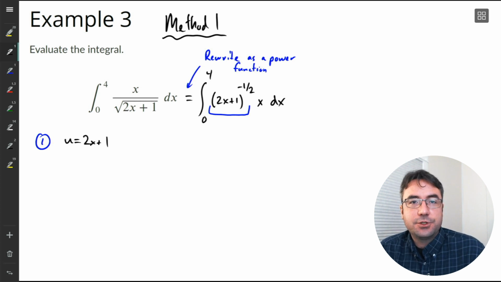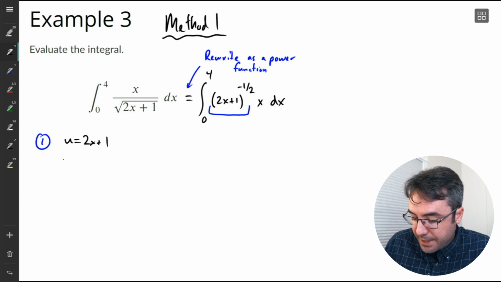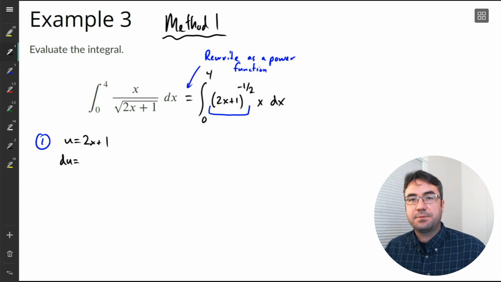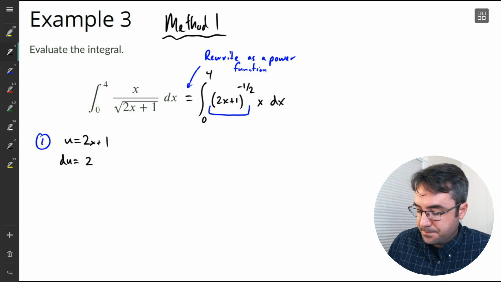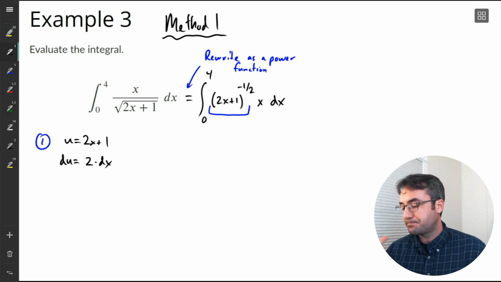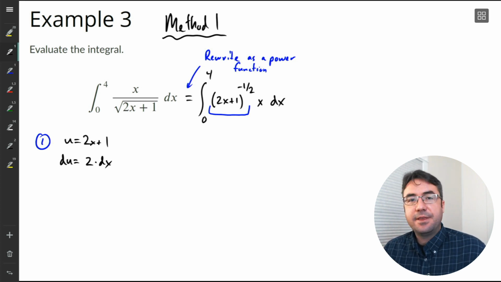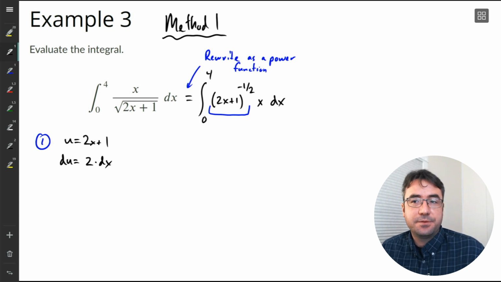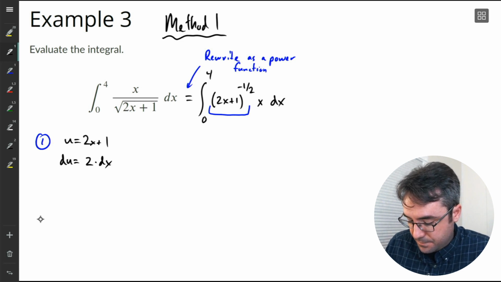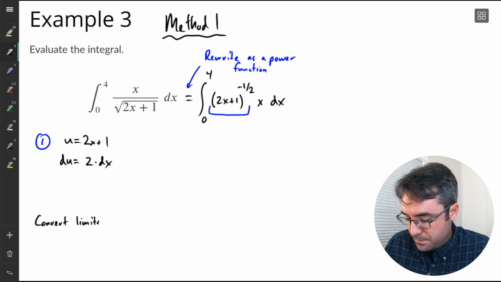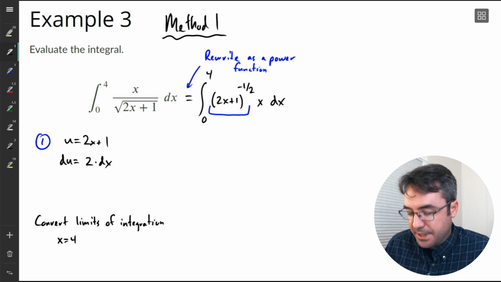All right, so we've chosen u. Now we want to calculate du. So derivative of 2x plus 1 is 2. Multiply by dx there. And then we're going to also convert the limits of integration. So our upper limit was x equals 4.